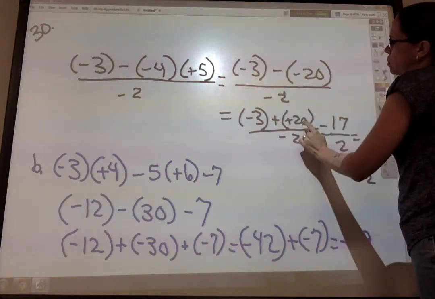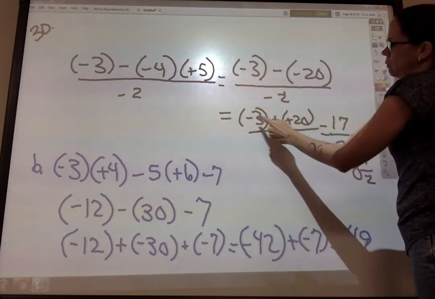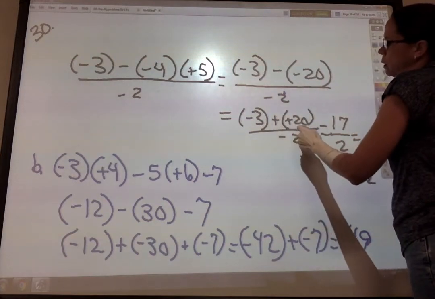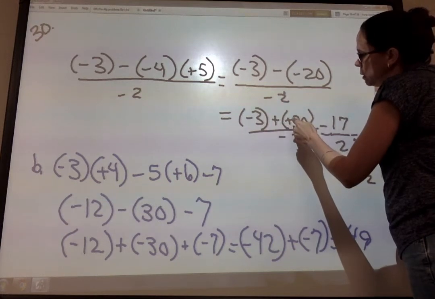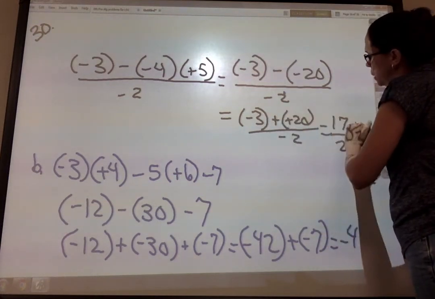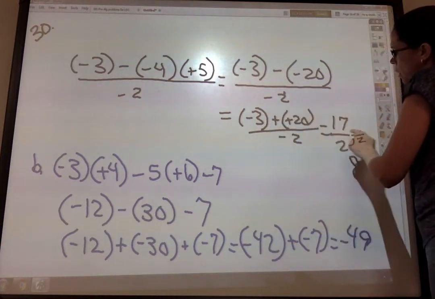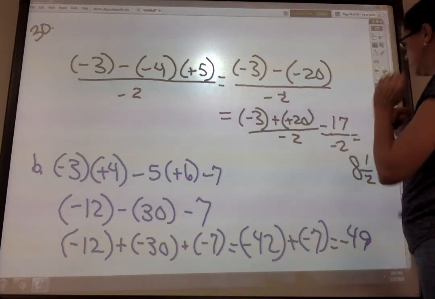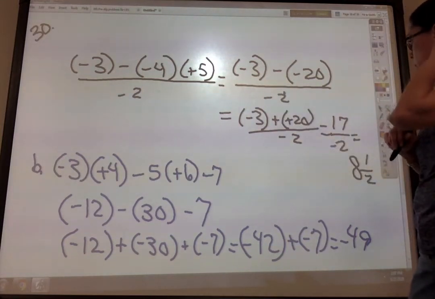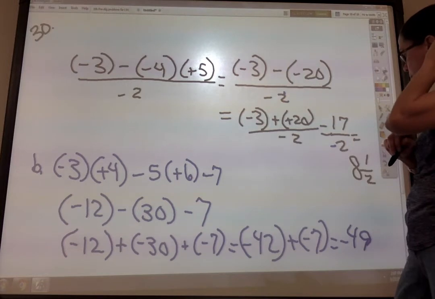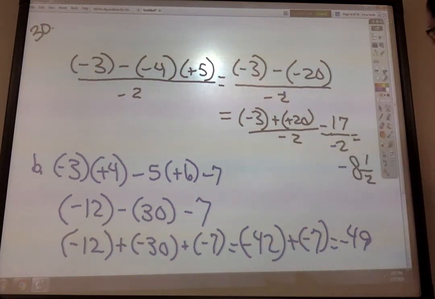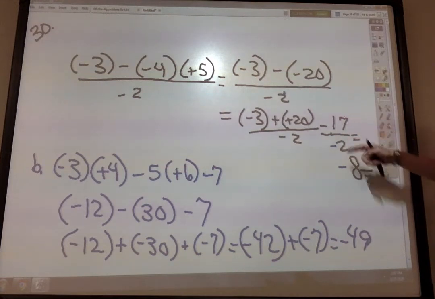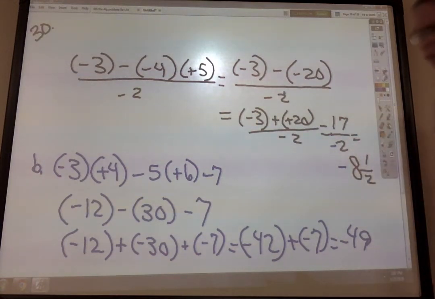Opposite of -20 is +20. So now I have -3 plus 20. Opposites, I'm going to subtract them. 17. Keep the sign of the bigger one. This one's bigger. +17. Divide by -2. And this should be, forgot my negative sign. 17 divided by -2 is -8 1/2.